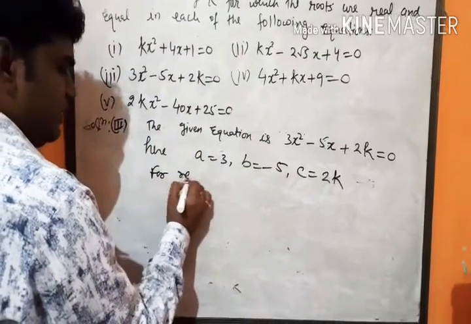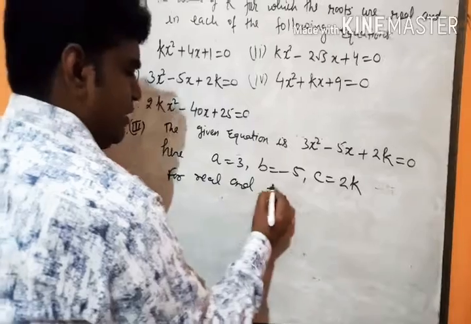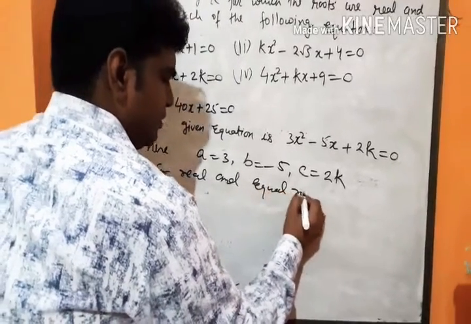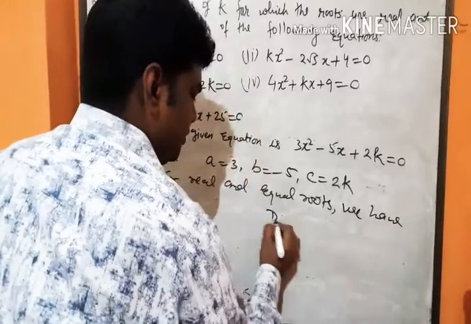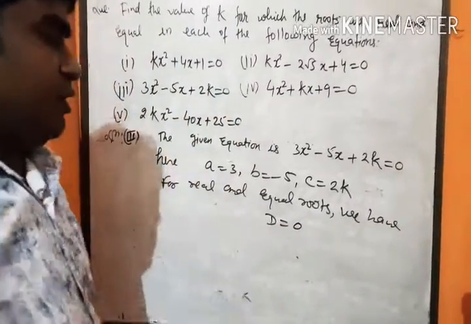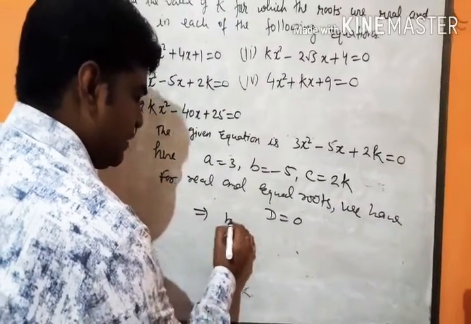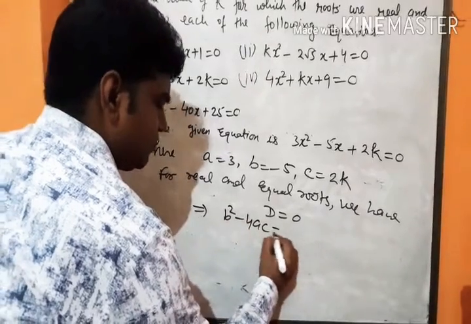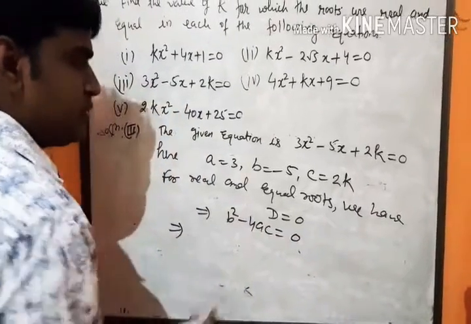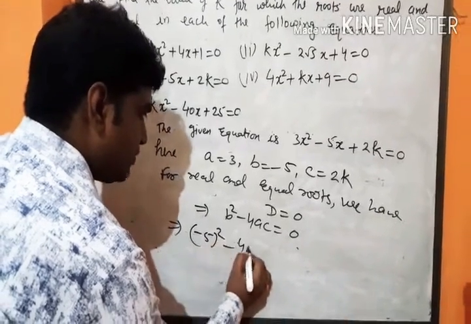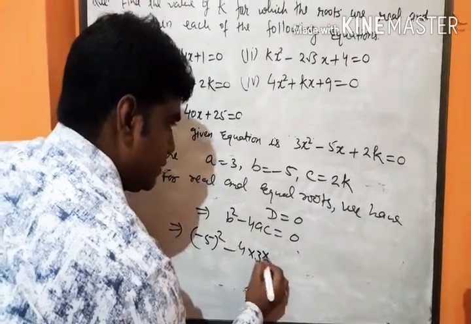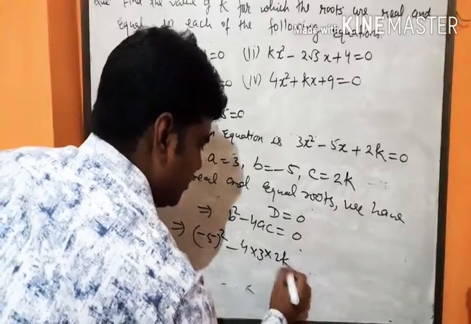For real and equal roots we have D equal to 0. You can write it this way: b square minus 4ac is equal to 0, or minus 5 whole square minus 4 into 3 into 2k is equal to 0.